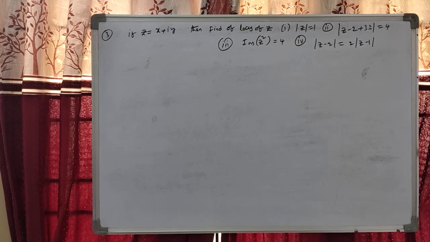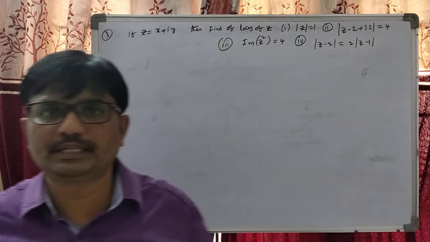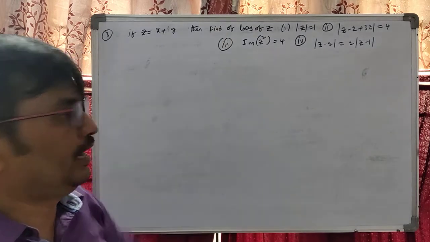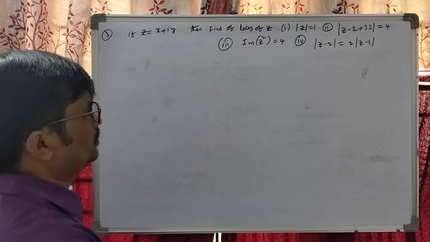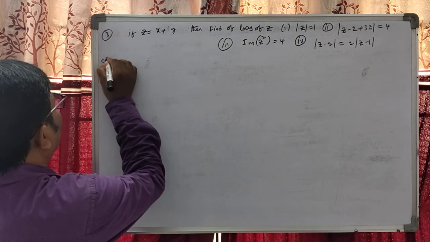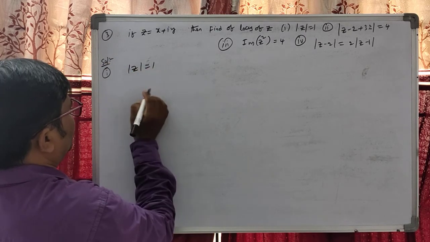So students, if Z equals x plus iy, then find the locus of Z. There are 4 questions. These are quite simple, students. The first question: mod Z equal to 1.